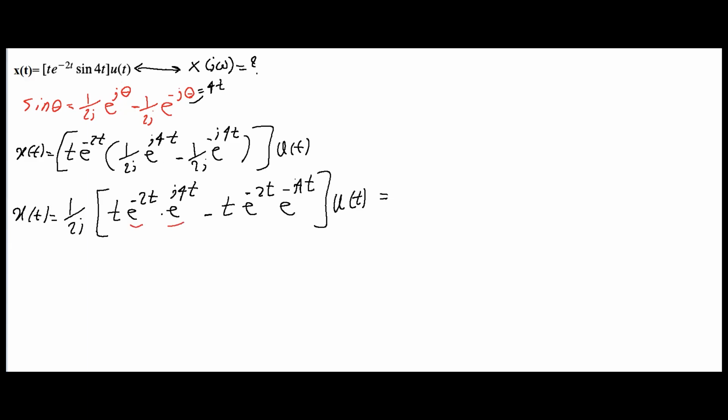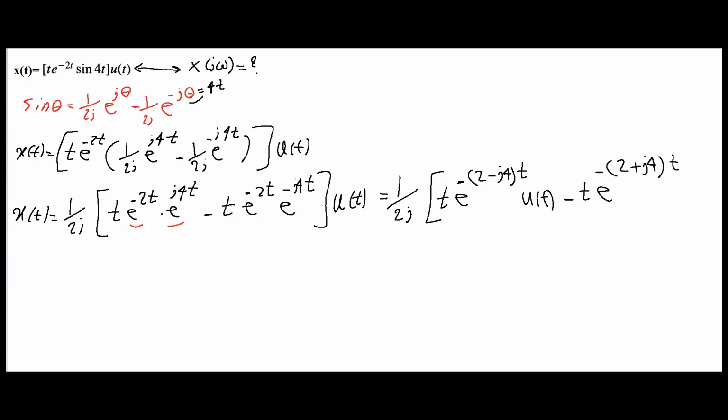Then we combine the exponential terms. So we can rewrite the signal as 1 over 2j multiplied by t e to the power of minus (2 minus j4)t u(t) minus t e to the power of minus (2 plus j4)t u(t).